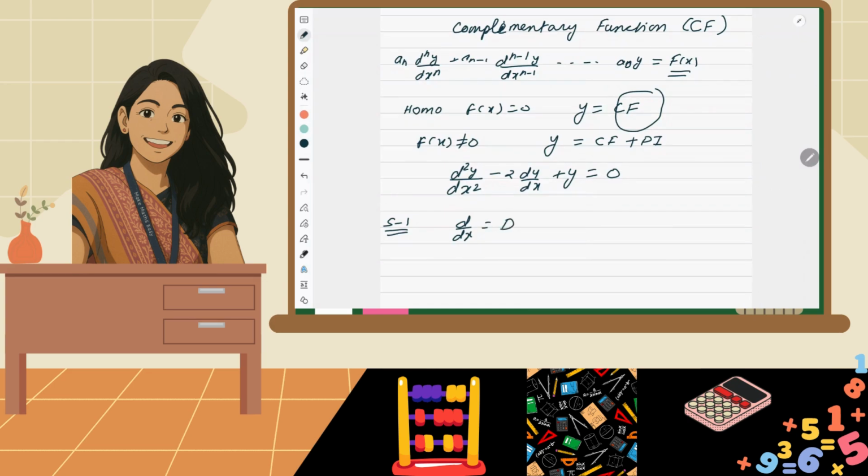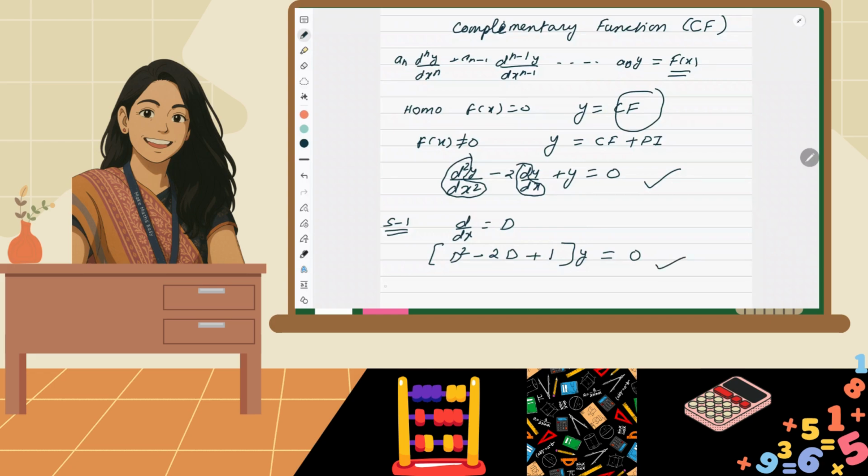So this equation will become (D^2 minus 2D plus 1) y, where I am taking y common from all three terms, is equal to 0. Sometimes in exams they give this format, sometimes they give the other format.